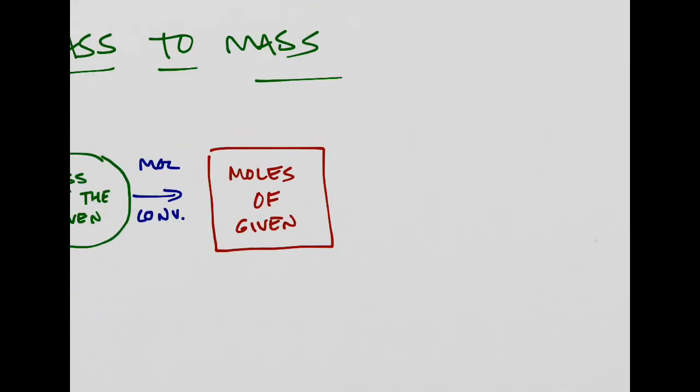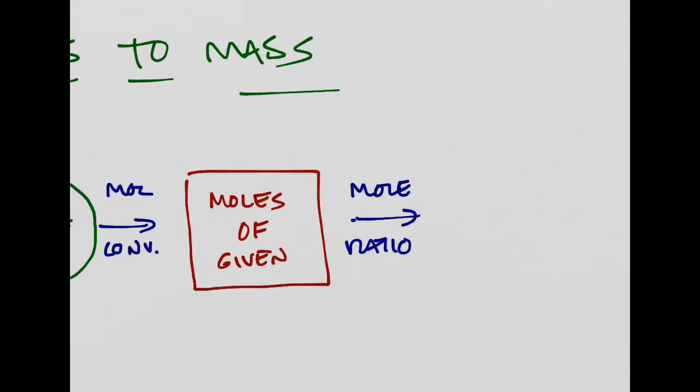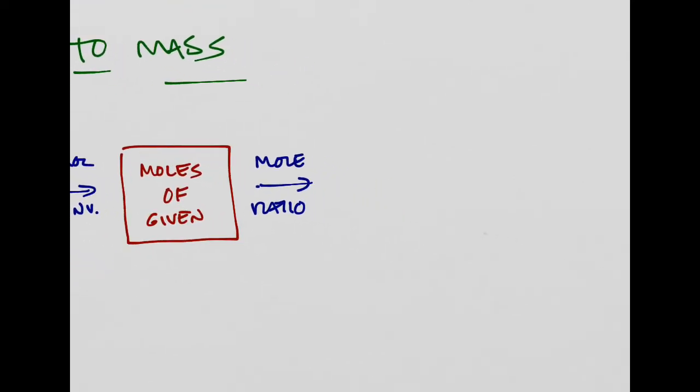And then you're going to do the next thing, which is a mole conversion of sorts, but it's one where we're going to focus in on the mole ratio. And you can only get that from a balanced equation. So you do the mole ratio, and you do that so that you can generate, let's see, I'm going to go with a triangle, I guess, here. Hope I can fit it in here.